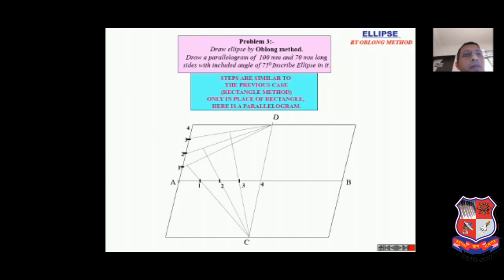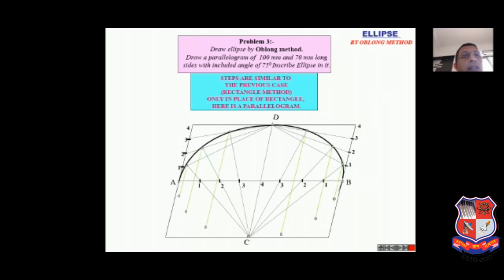The remaining method is the same as that of the rectangle method. The only difference is that here we have to draw a parallelogram because an angle is given to us. So in this manner we can generate an ellipse by the parallelogram method, which is the oblong method.